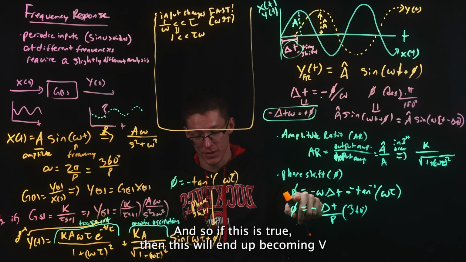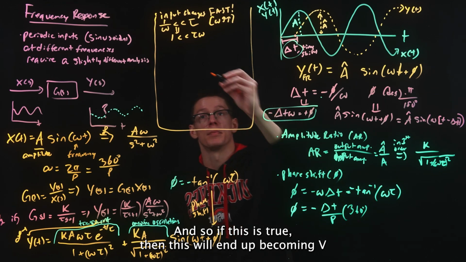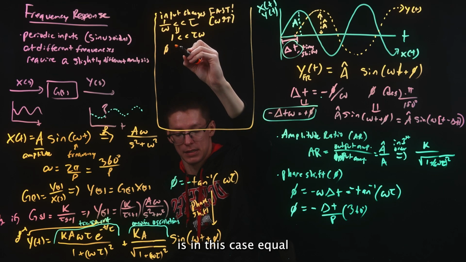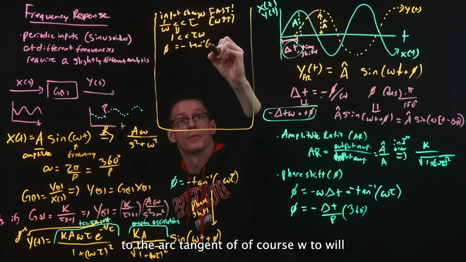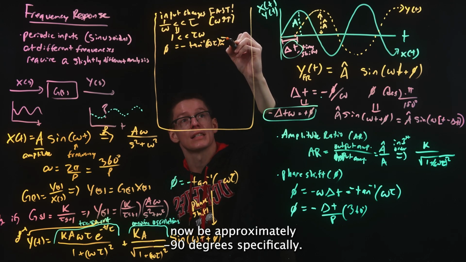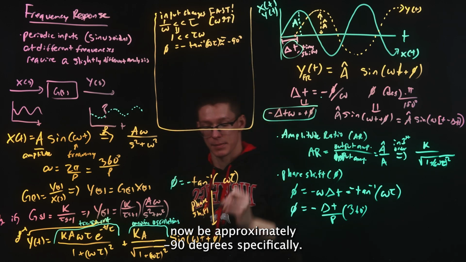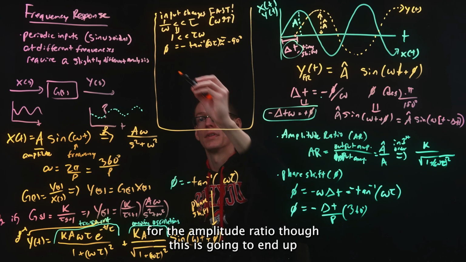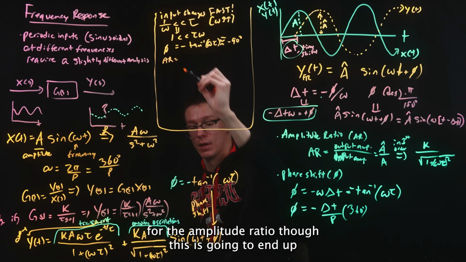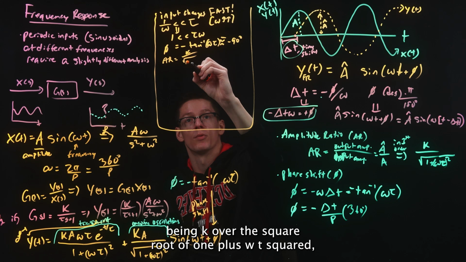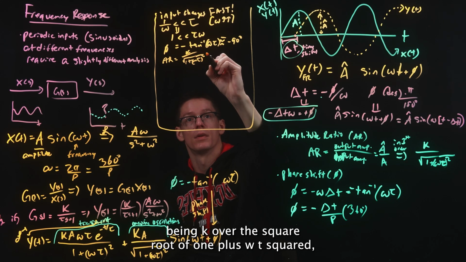And so if this is true, then phi is, in this case, equal to the arctangent of w tau, which will now be approximately negative 90 degrees specifically. So it's a complete adjustment to our system. For the amplitude ratio, though, this is going to end up being k over the square root of 1 plus w tau squared.